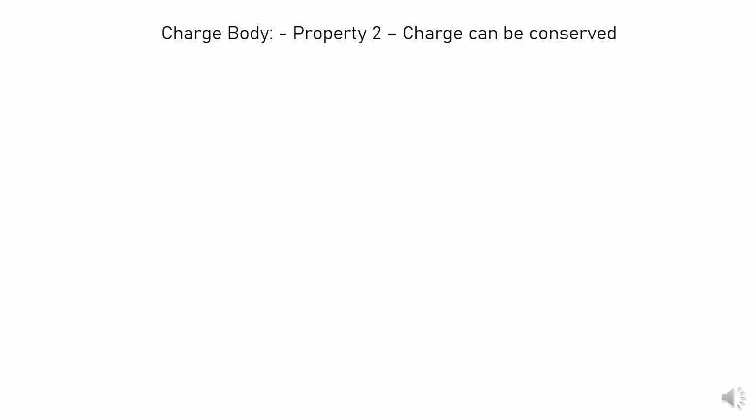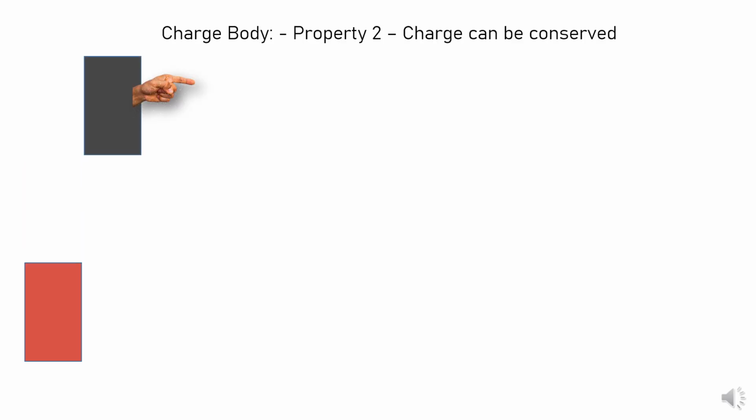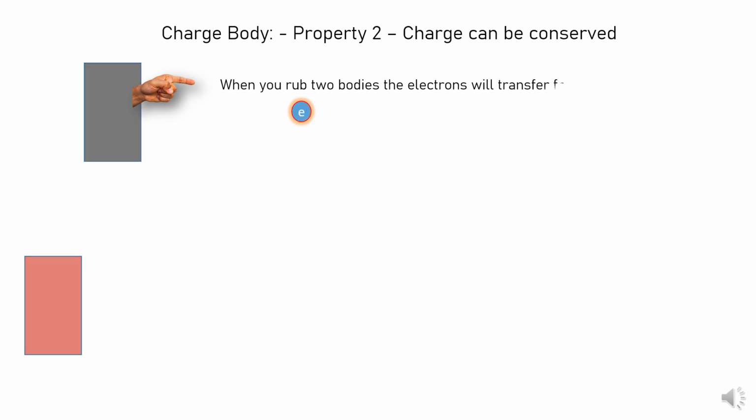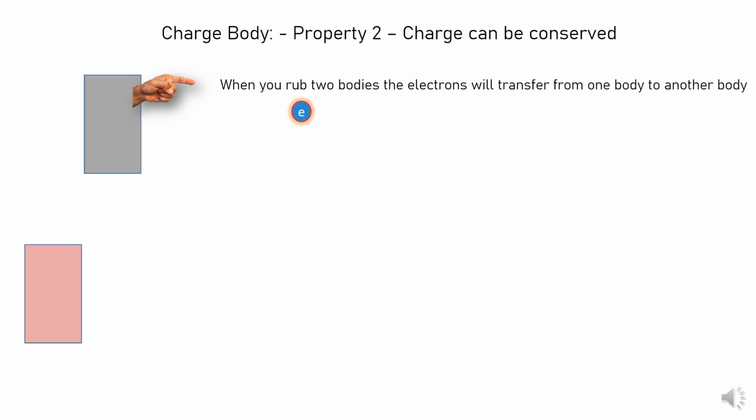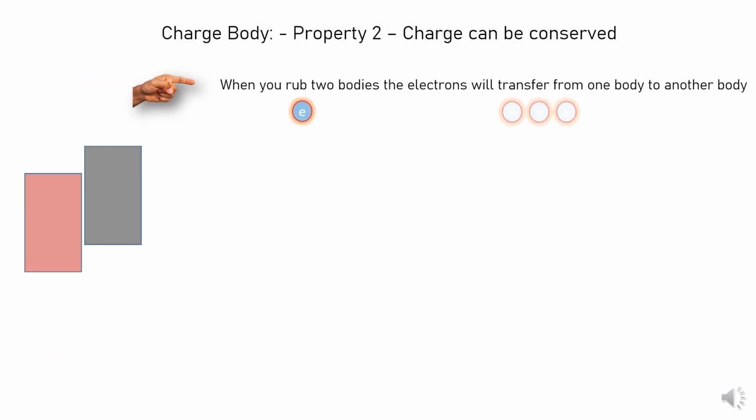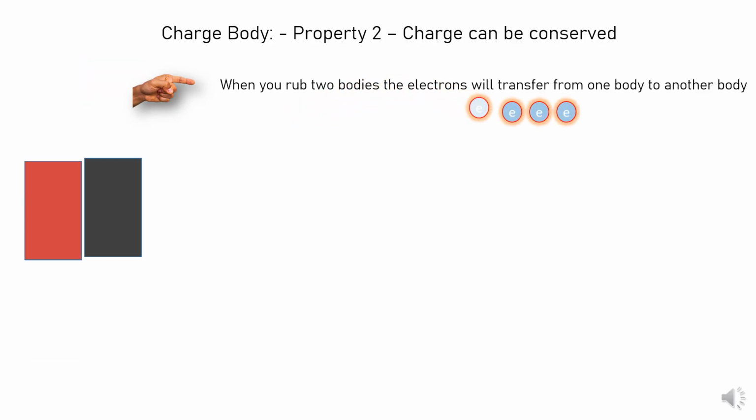Property number 2: charge is conserved. What does it mean? We took two materials and rubbed them together. Once you rub them together, electrons will transfer from one body to the other body.